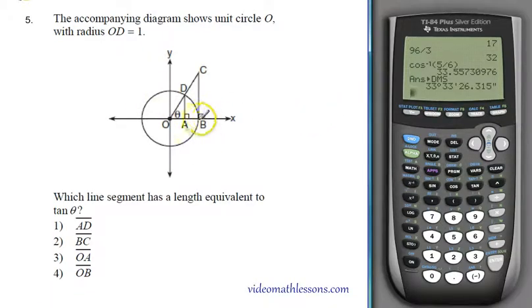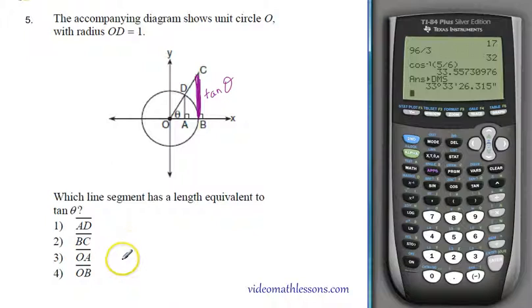One more. Unit circle, radius 1. Who is tangent? Well, we haven't seen that yet, so I'm going to tell you right here. We talked about before, tangent is sine over cosine. It's also this part of the triangle that goes through the unit circle, that part right there.